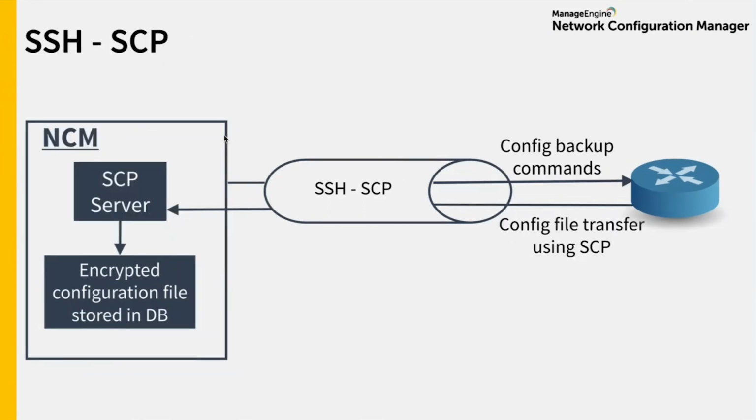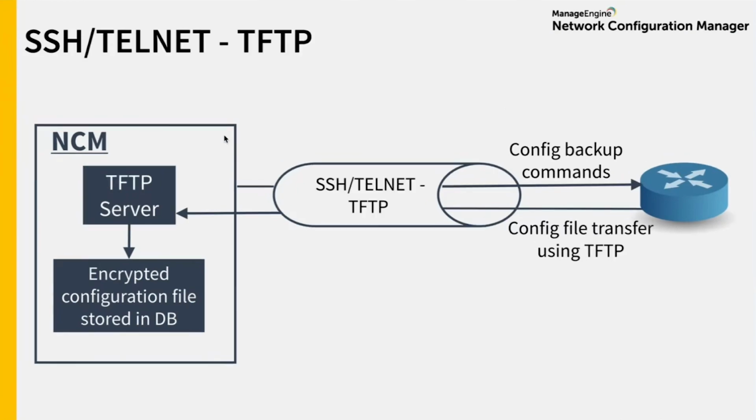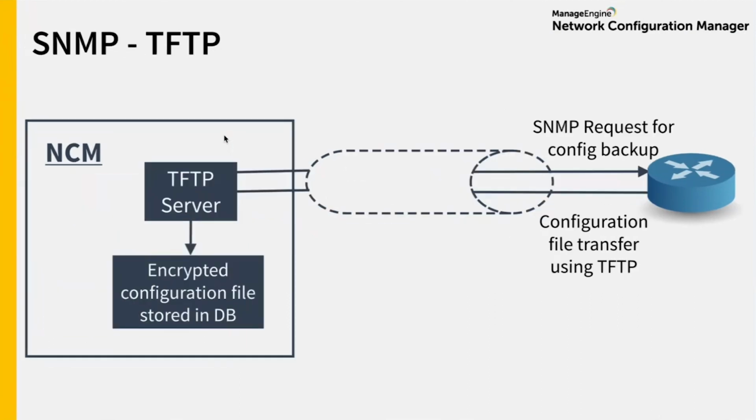Next is an example of SSH SCP, where Network Configuration Manager will send the config backup commands using SSH, and the configuration file transfer will happen via the SCP protocol. It will go to the SCP server, and then it will be encrypted and stored as a file in the NCM database. Here's another similar example, which is SSH Telnet TFTP. Here is another different example, which is SNMP TFTP.